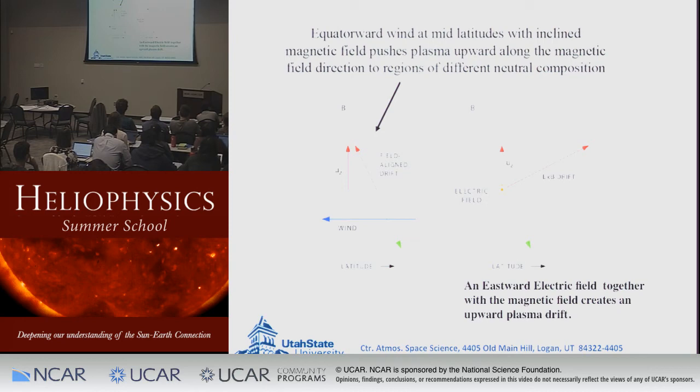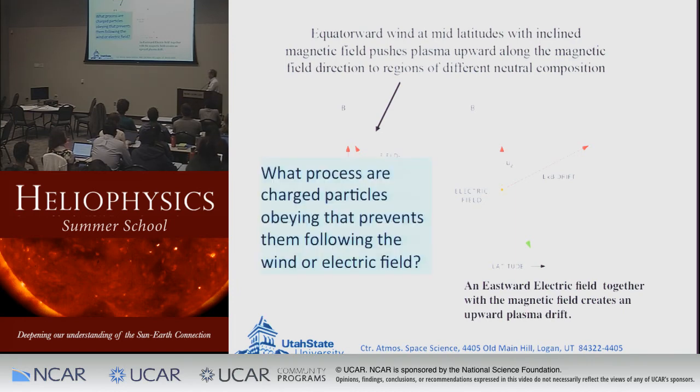The E field is coming straight out at you, so it's a horizontal electric field, and the E cross B wants to drive it perpendicular. But again, for the same reasons, what you have is a lifting of the layer. So this is all part of the diffusion equation. You've introduced a component that competes with gravity acting downwards. So that's one pretty important reason for electric fields and winds.